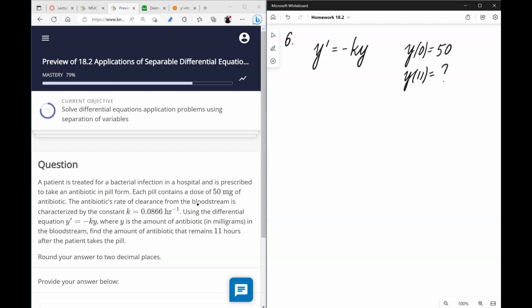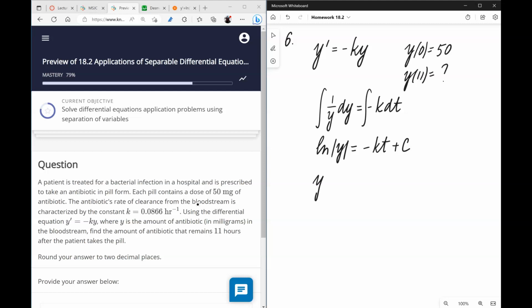We have negative 1 over y dy. I guess it's better to keep the negative on the right side. So we have ln absolute value of y is equal to negative kt plus c. So y is equal to c e to the power negative kt.